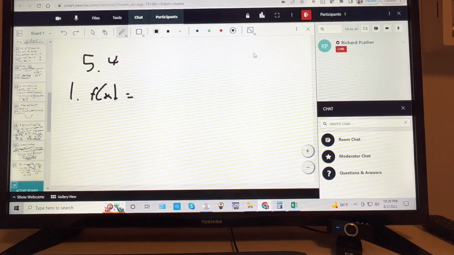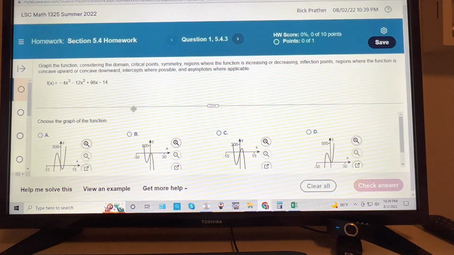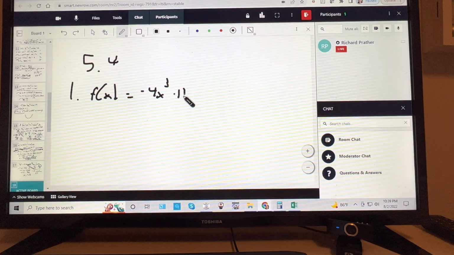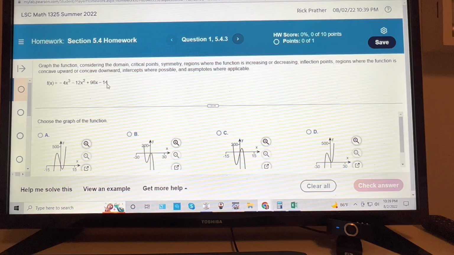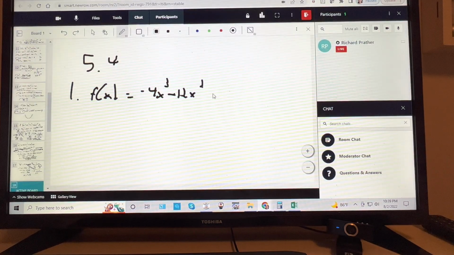So negative 4x to the third, minus 12x squared, plus 96x minus 14. Find the first derivative.